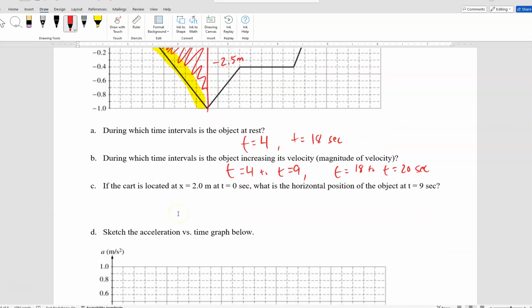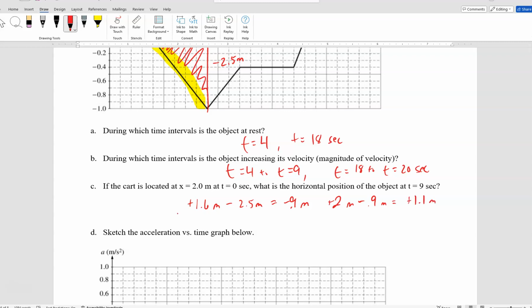So basically, the object went 1.6 meters forward, then it went the opposite direction 2.5 meters, and what I got from that was negative 0.9 meters is what it did in those first 9 seconds. But if it started at the 2 meter mark, so I have positive 2 meters minus the 0.9 meters that it went, we get positive 1.1 meters.